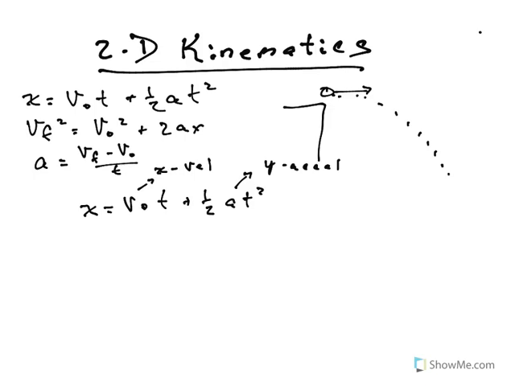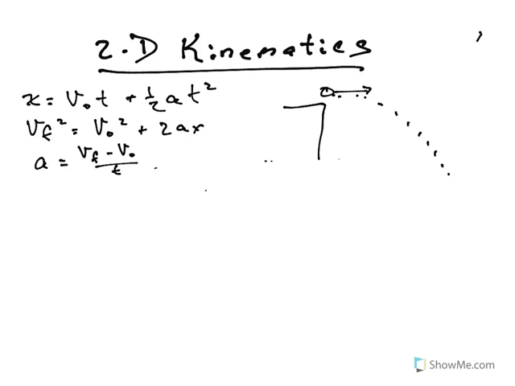I'm not allowed to put an x velocity, because that's an x vector, in the same equation as a y acceleration, because the acceleration is a y vector. That's just not allowed. So we have to figure out, how in the world can we solve problems where we're allowed to move in both the x and the y directions at the same time?